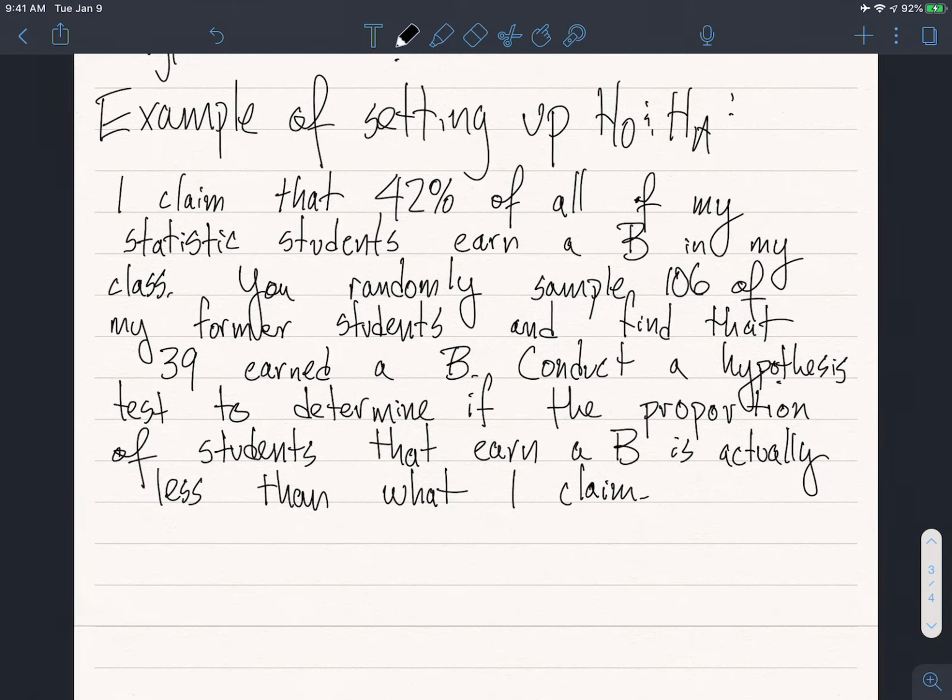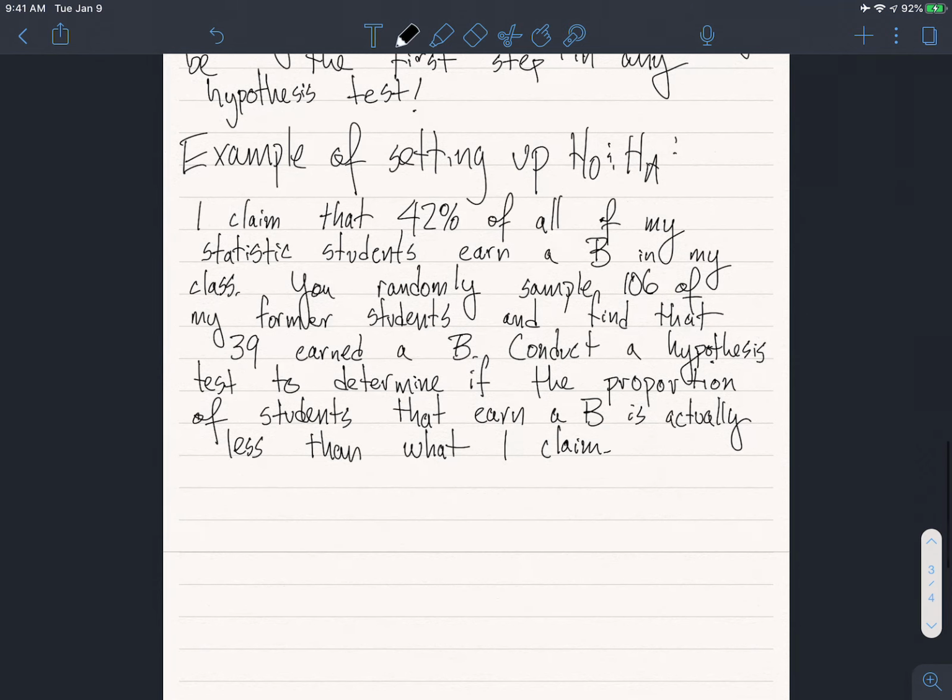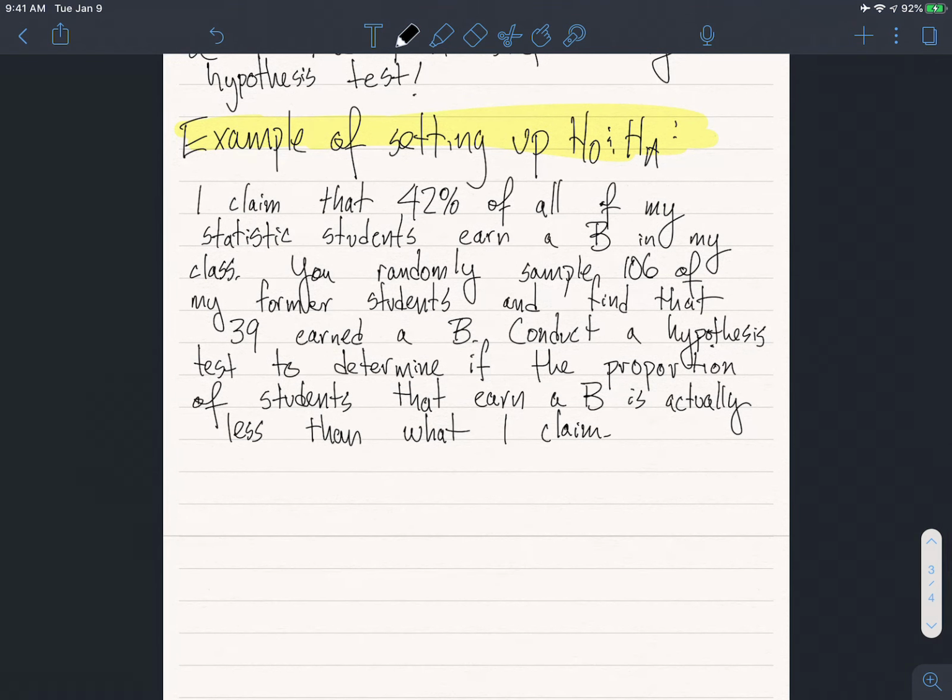Okay, so in this example, we're really going to stop after the first step of hypothesis testing. I haven't really gotten into the math yet. I just want to set up H0 and HA. I want to make sure that you guys know how to set up H0 and HA, the two hypotheses.